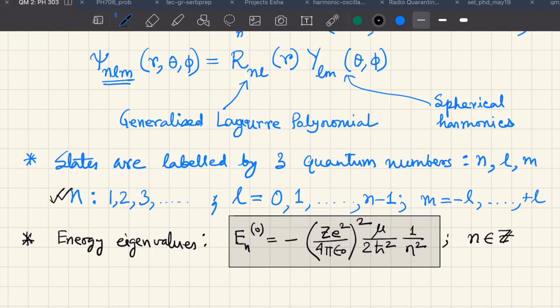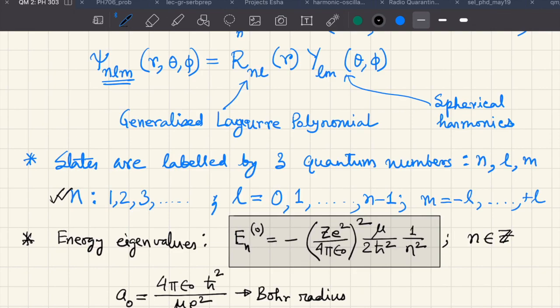This object actually can be written in terms of something which is known as the Bohr radius. So the Bohr radius, if you remember, was defined as 4 pi epsilon naught h cross squared by mu times e squared. This was called the Bohr radius. What did it say? It is basically a length scale which signifies the most probable distance between the nucleus and the electron in the hydrogen atom in ground state.